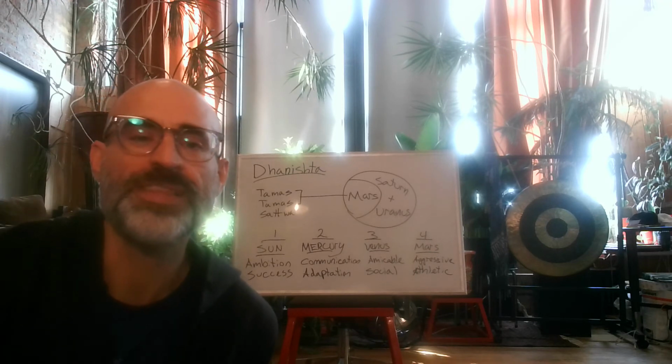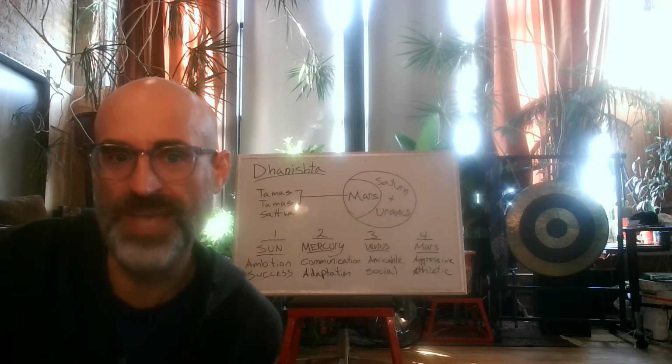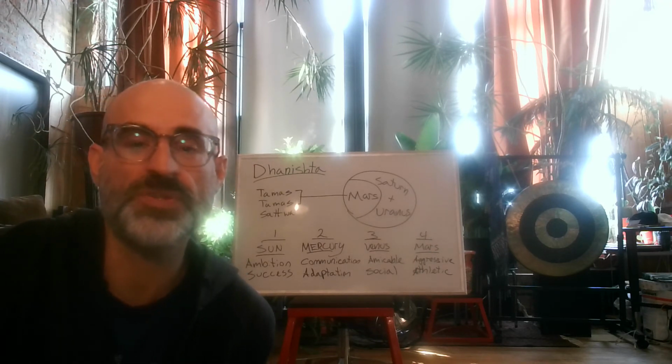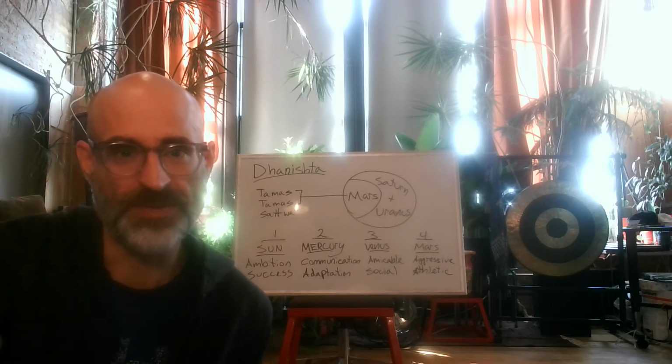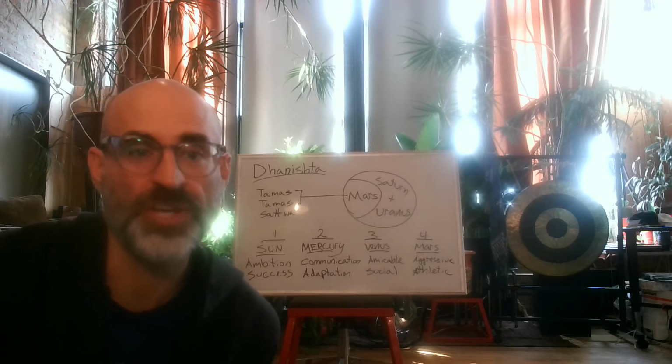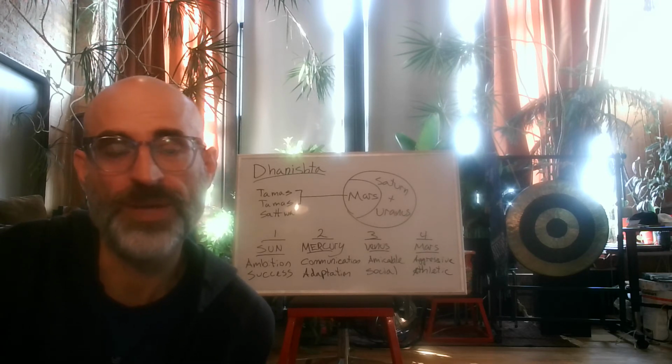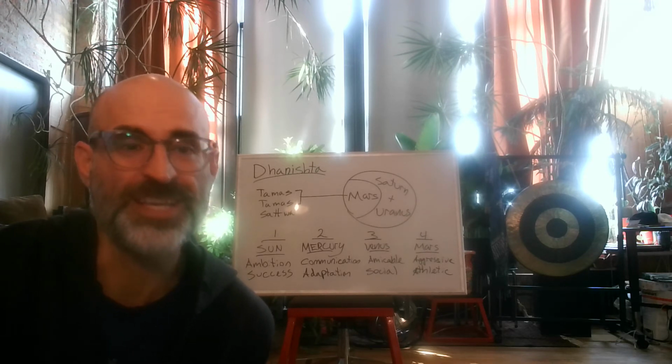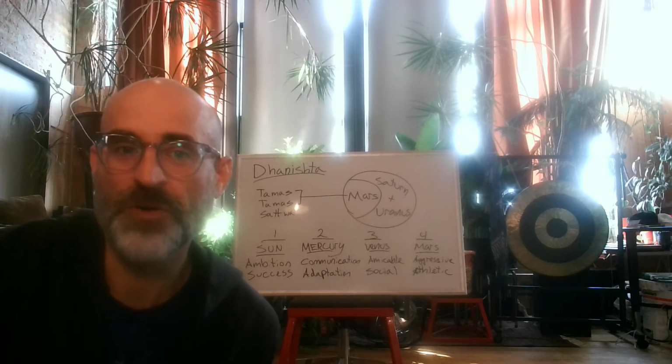And Dhanishta, they say, is the pinnacle of Mars energy, because tamasic energy on a secondary level and on a tertiary level creates Martian energy. It is very focused on the material plane.